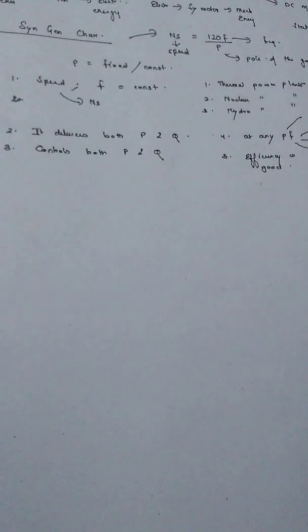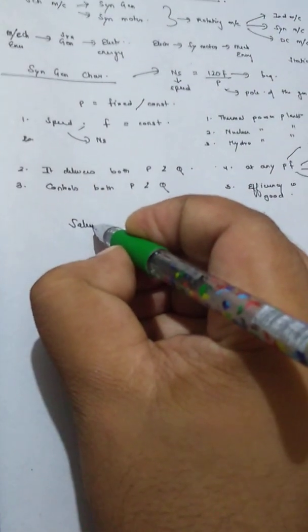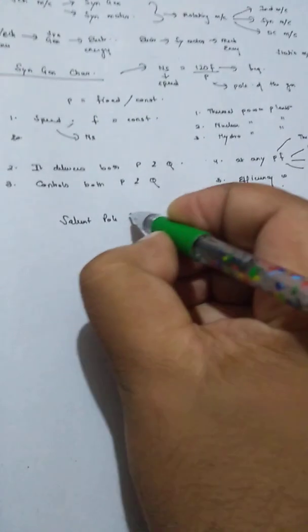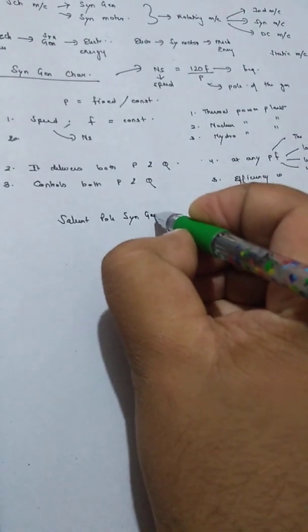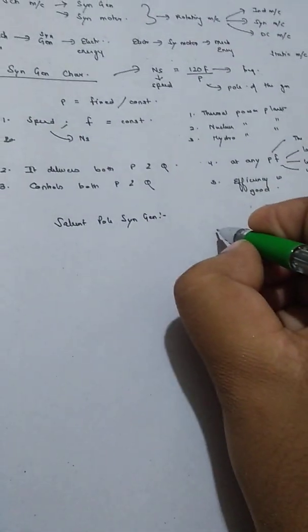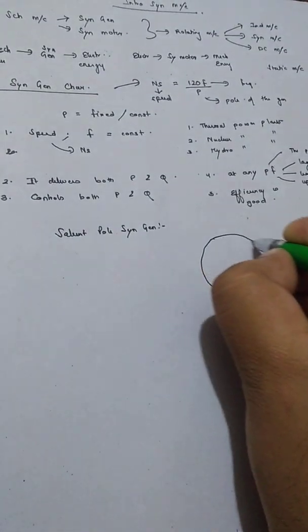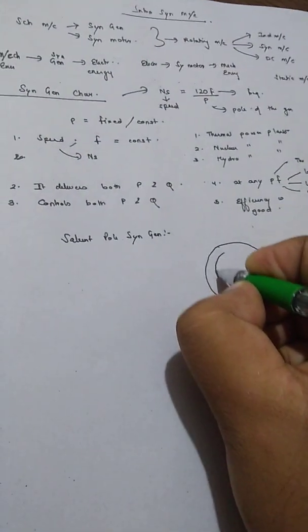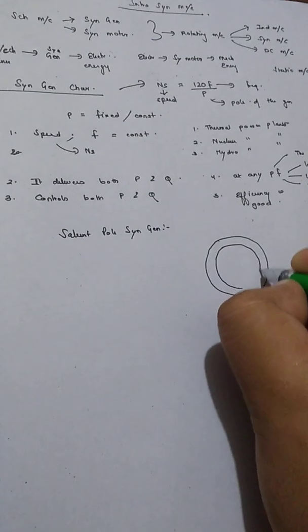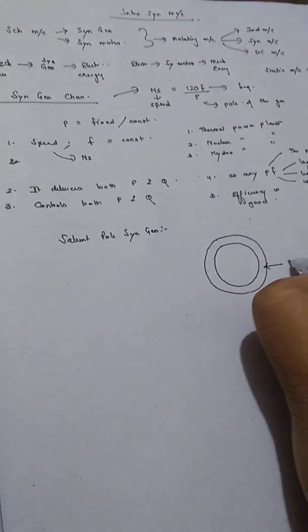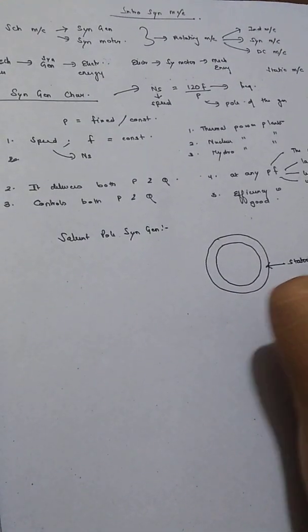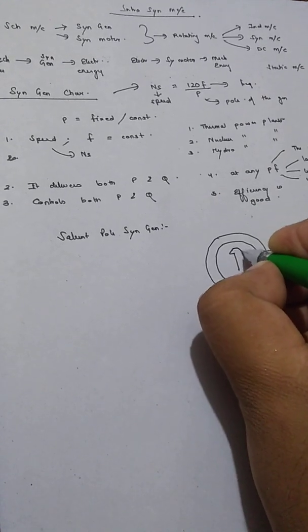Now let us draw the schematic of a synchronous generator. Let me draw for the salient pole synchronous generator. It is the outer part, or we can say it is the stator. This is the rotor.